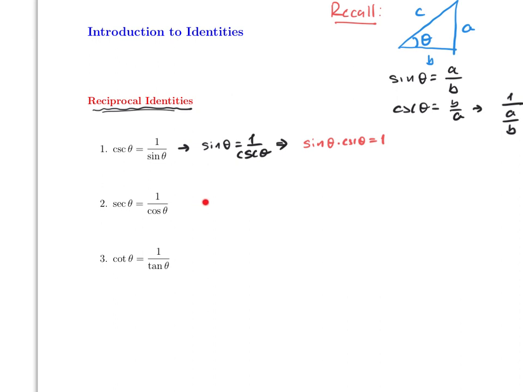That's going to be the case for this one and for this one. So therefore, if secant is 1 over cosine, that means the cosine theta is 1 over secant. Okay? Also, if cotangent is 1 over tangent, that means that tangent is 1 over cotangent, and so forth.